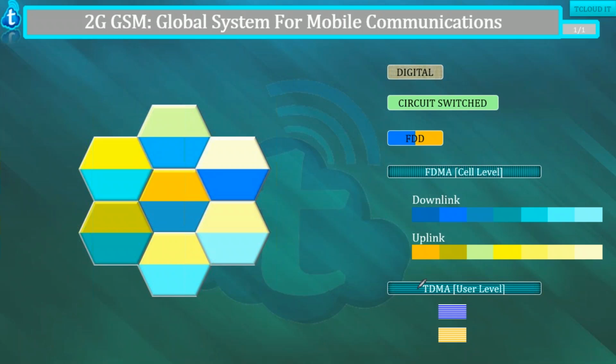But the problem is, in the middle of the frequencies, we need to leave some guard band, because if you don't leave a guard band between two mobile phones' frequencies which are one next to the other, there could be some kind of interference between those two users.